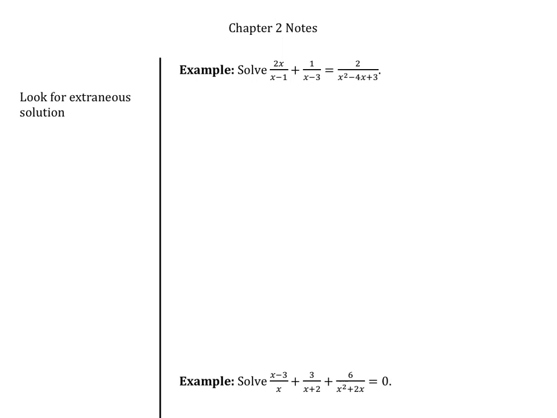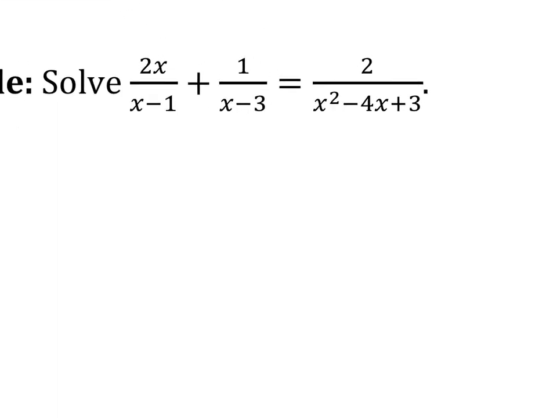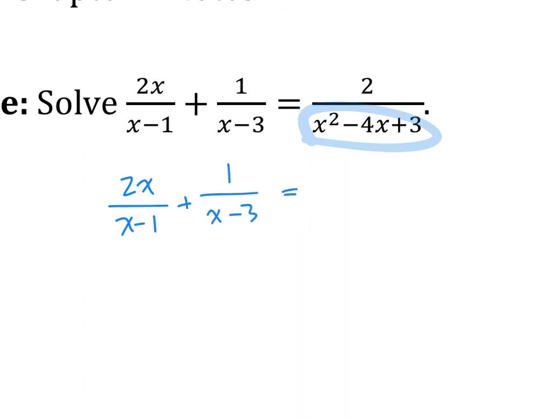Now, what happens if the problem is a lot bigger? What if the problem is something like this, where the denominator is kind of complicated? Well, the first thing you want to do is just factor, because you want to know what is in the denominator.